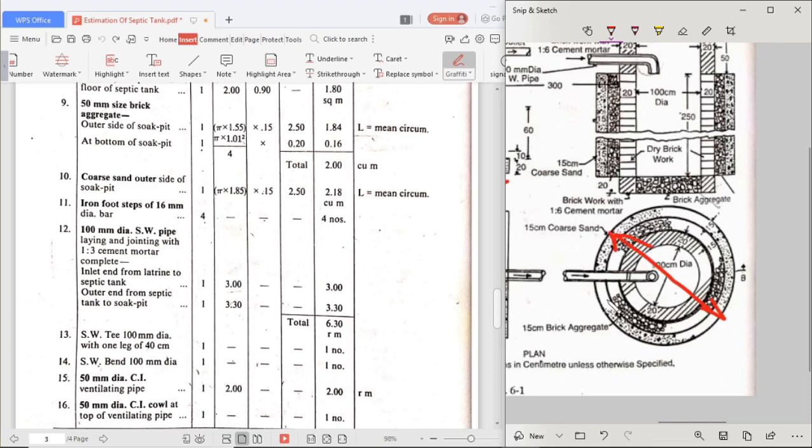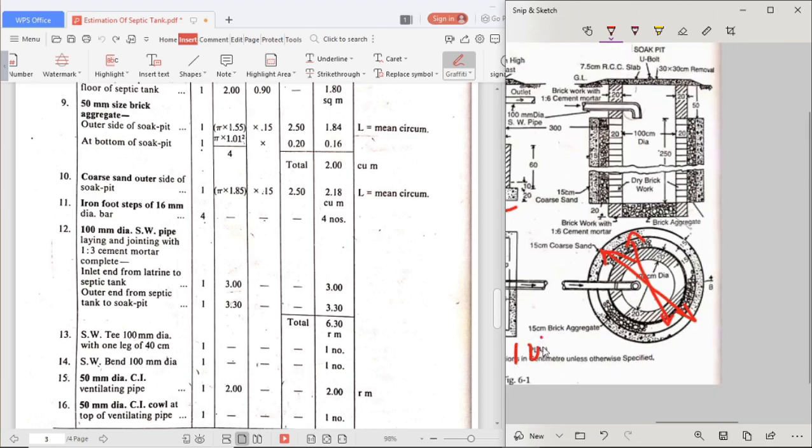When we calculate the mean circumference, we have to take half of the side. So 100 is the mean size. I'll neglect this. 100 plus 20 on both sides, 20 plus 20. Next, this is 15 centimeter.